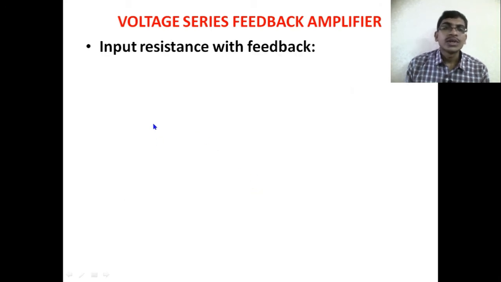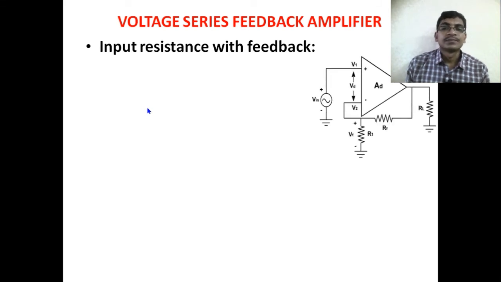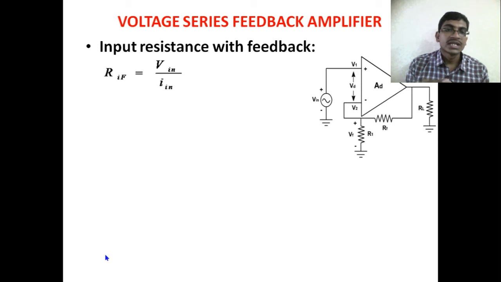Next, we are going to calculate the input resistance with feedback. We already know the input resistance is the ratio of input voltage to input current. So RIF is equal to VIN divided by IIN.